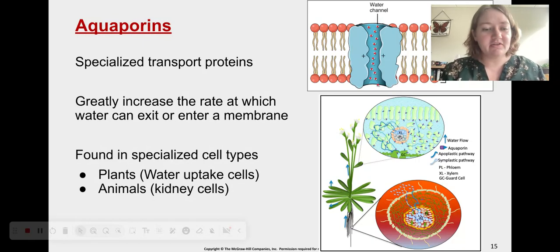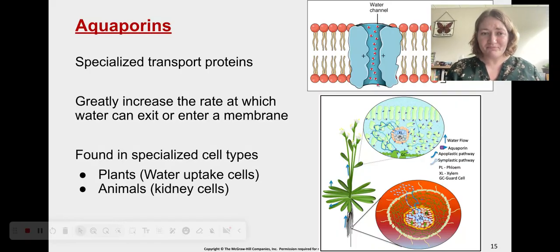And again, they're found in these specialized cells that really need to bring a lot of water across their membranes, like plant root cells or in our kidneys, right? We need to move a lot of water across our membranes of the cells of our kidneys. We might find these aquaporins, right? So when water uses an aquaporin, it's no longer simple diffusion, but now we're talking about facilitated diffusion because a protein is involved.